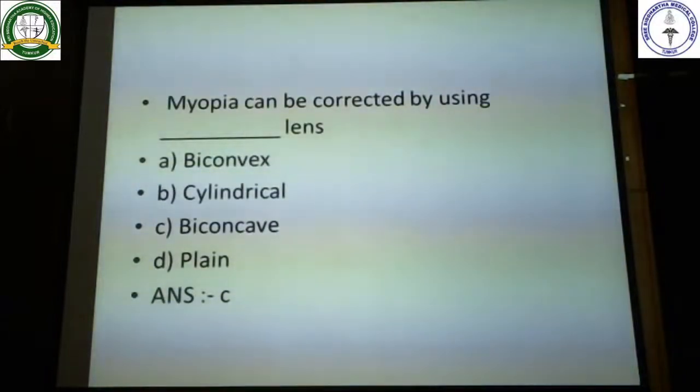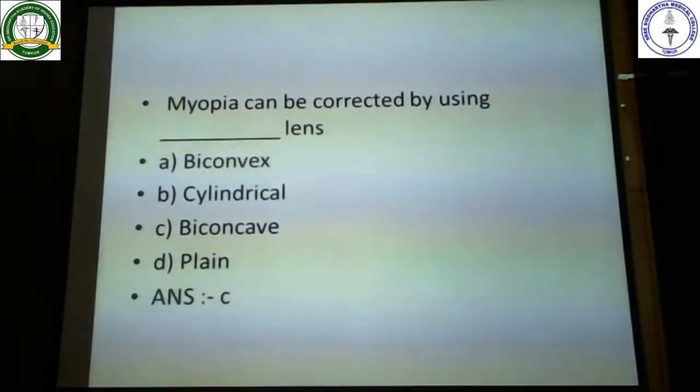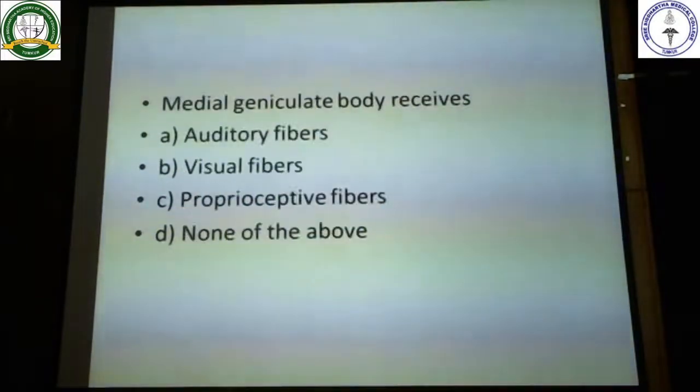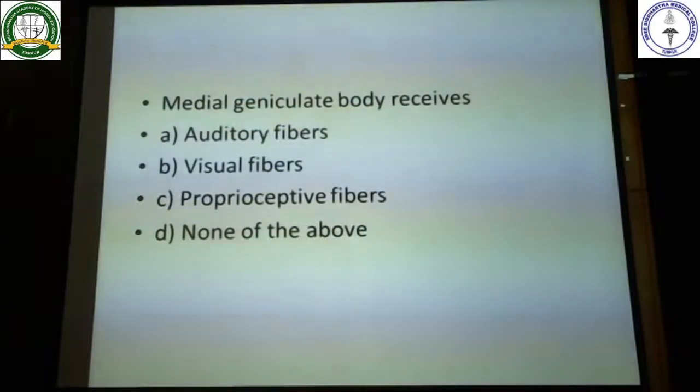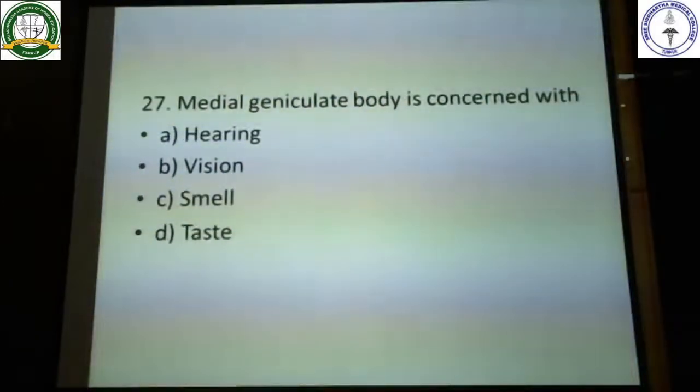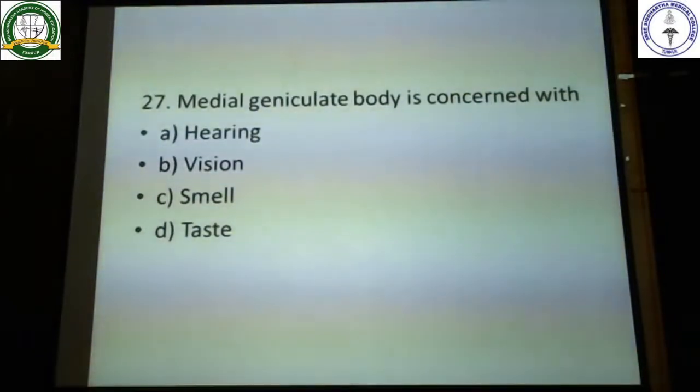Hypermetropia is corrected by biconvex lens and myopia is corrected by biconcave lens. Medial geniculate body receives what fibers? Lateral geniculate body is for vision, so medial geniculate body will be for auditory fibers. Again, it's the same. Medial geniculate body is concerned with hearing.